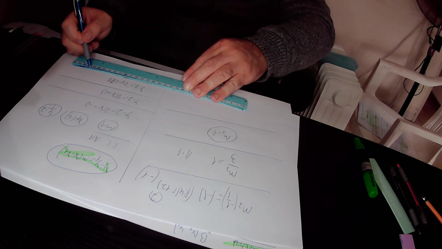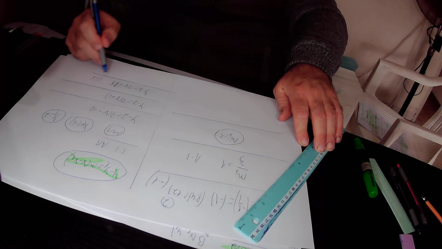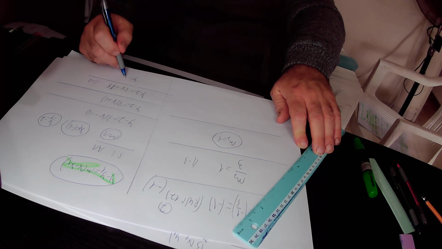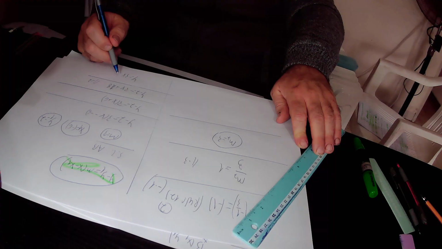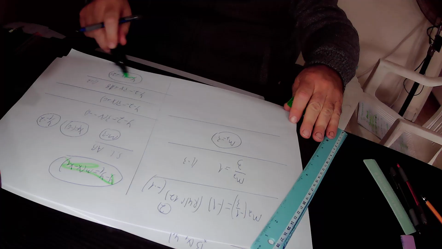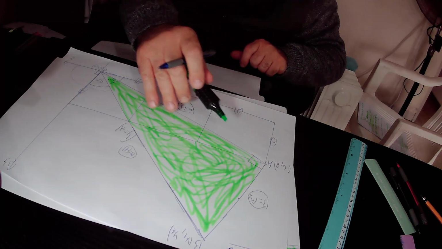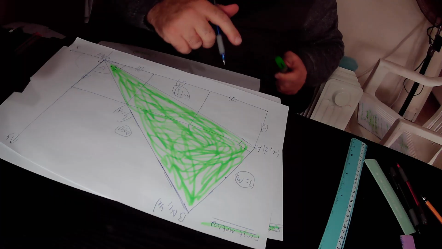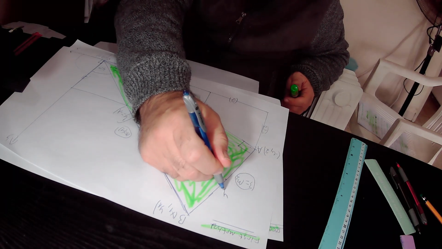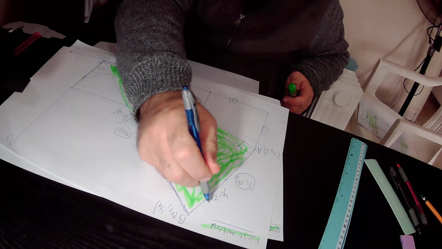Here we add 2 to this equation, and we get that y equals 3x, 18 plus 2 is 20. So we found out that the equation of this straight line AB is y equals 3x plus 20. So write it down. The equation of this straight line AB is y equals 3x plus 20.